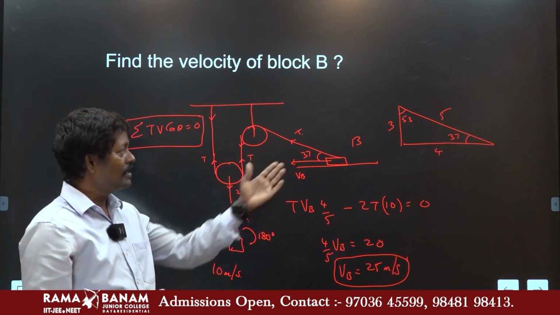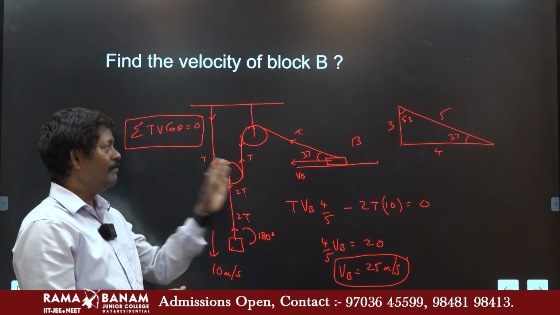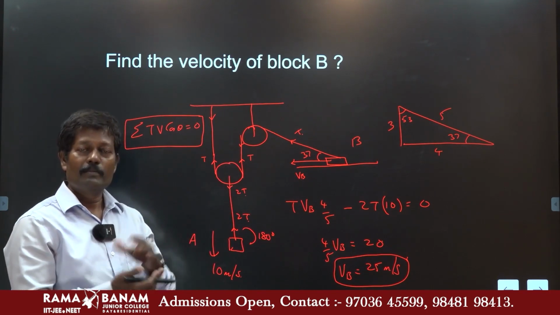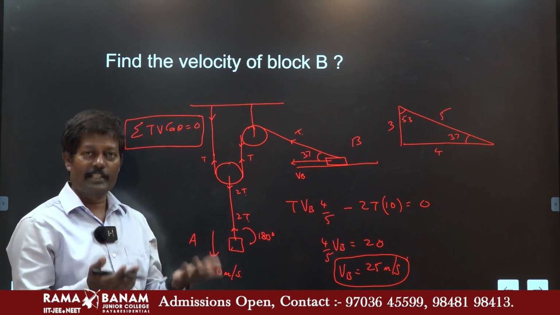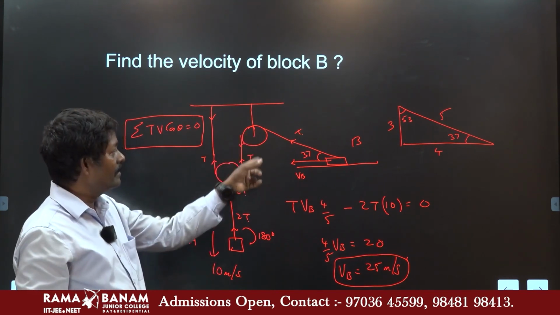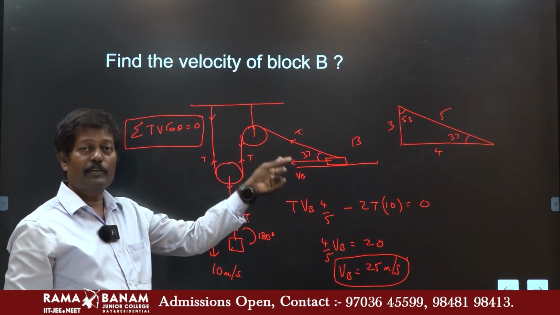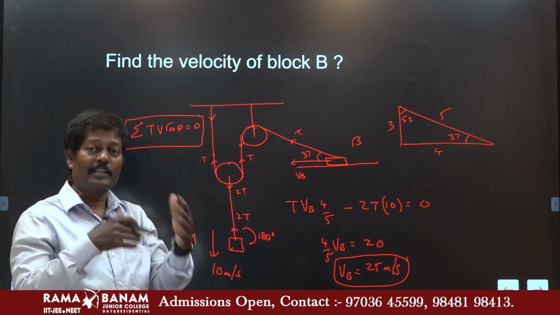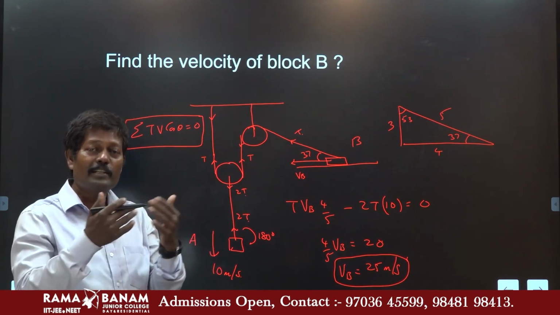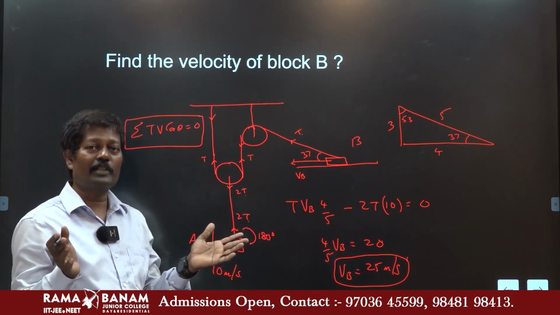We want the velocity of block B. Velocity of block B is 25 meter per second. The same problem in many books will be solved by differentiating, by taking the constant length, taking a triangle x square plus y square equal to z square, differentiating, making the method a little lengthy. Here there is no chance for the method to be long.